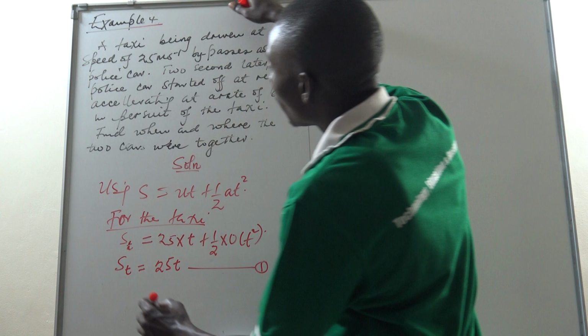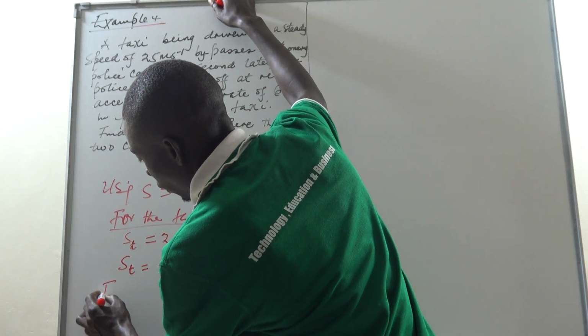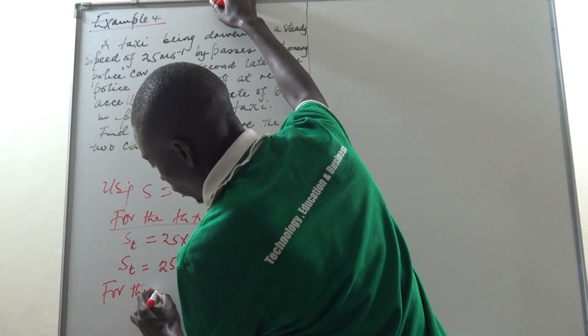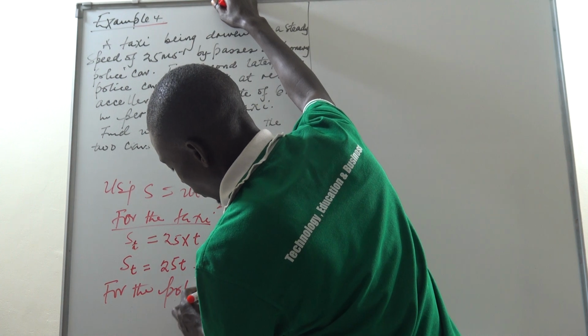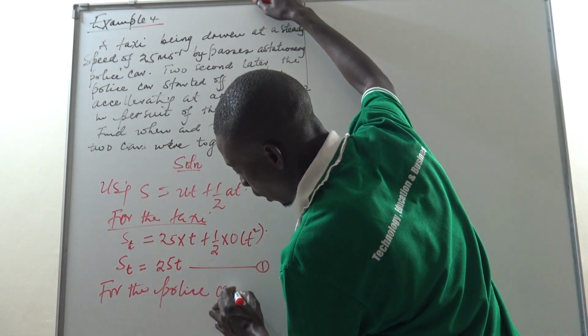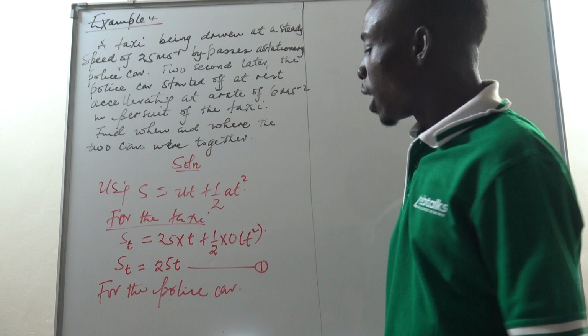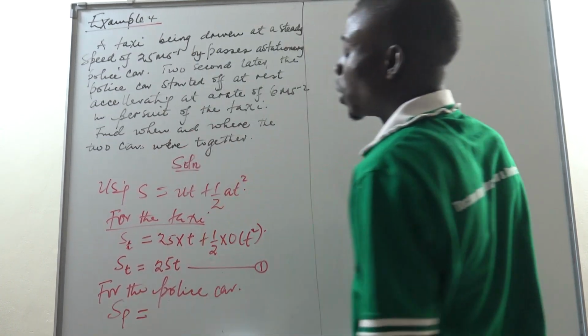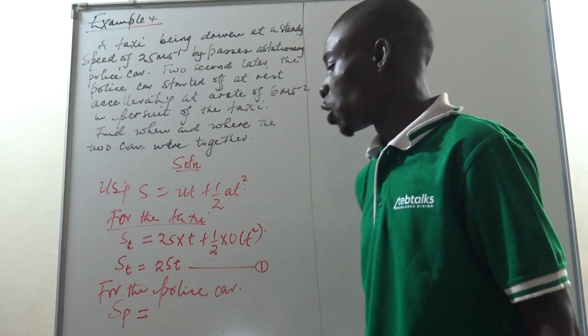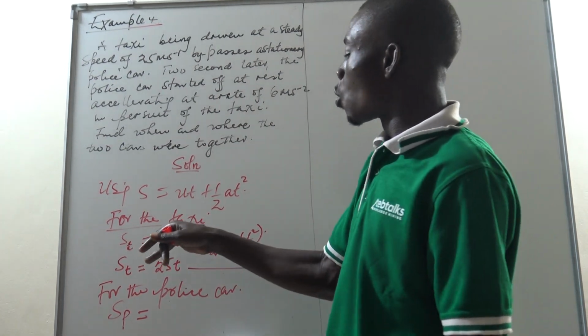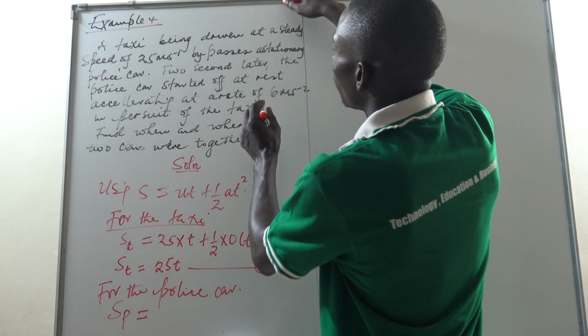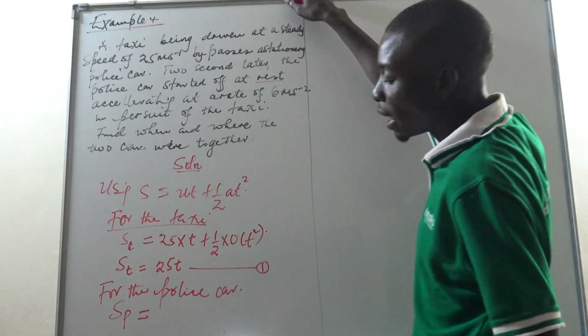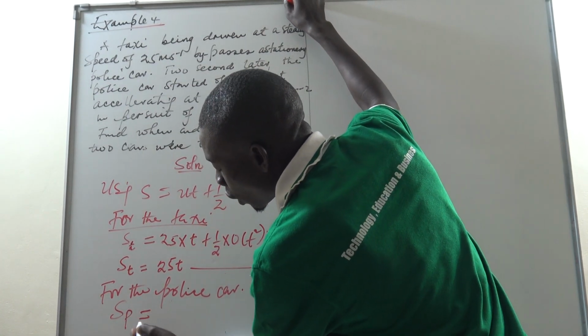And then for the police car, using the same equation, the distance covered by the police car, SP, will be equal to ut. But because we said that the police car started from rest, its initial speed is 0. Okay?